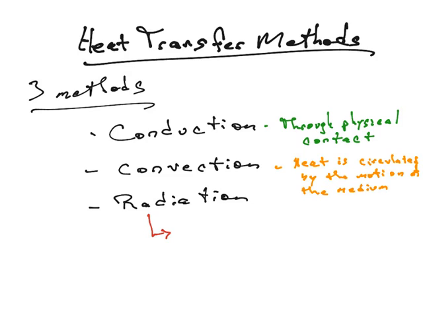You can feel that it's warm. And the closer you get, the hotter it starts to feel. That's radiation. It's basically the transfer of heat by giving off energy in the form of light.